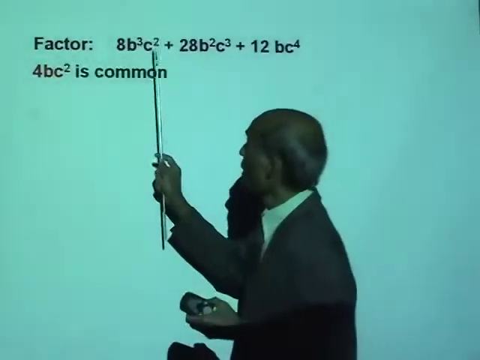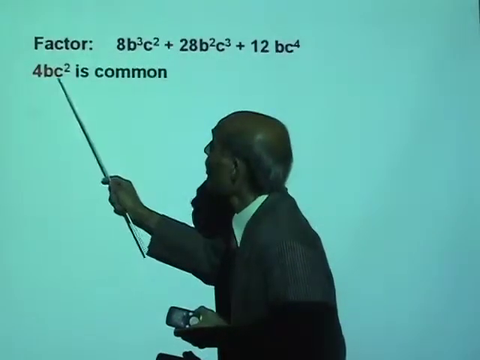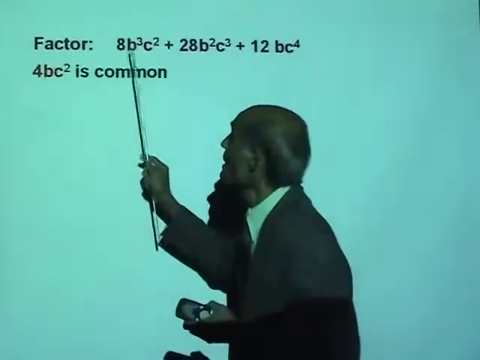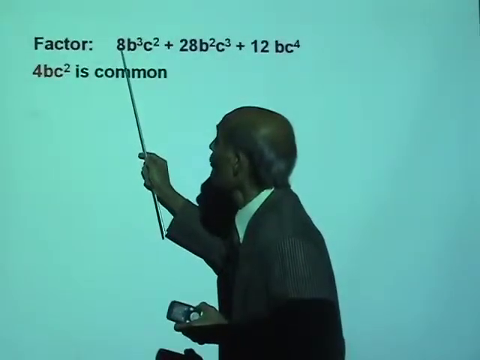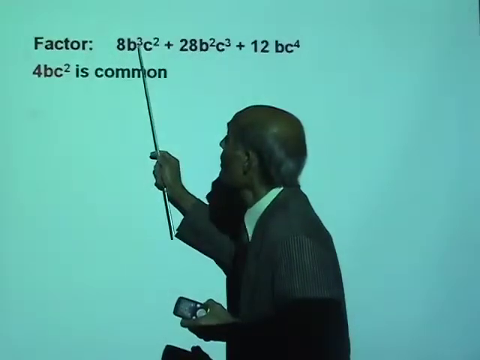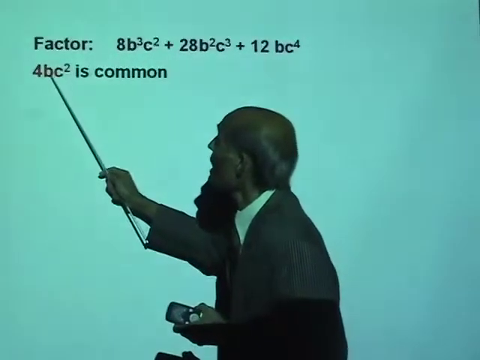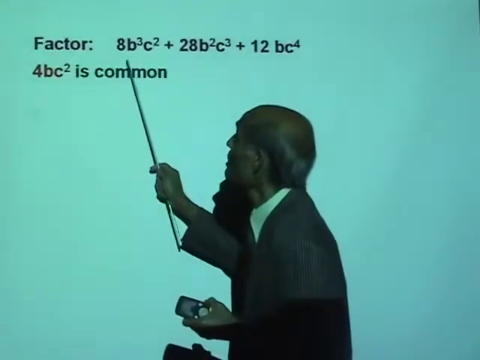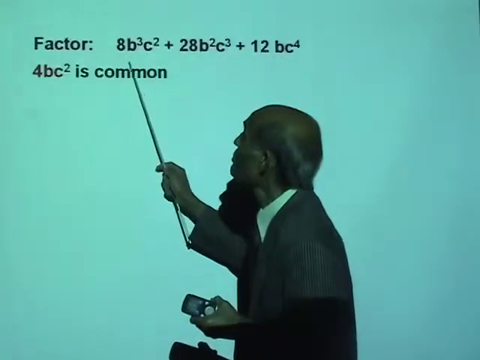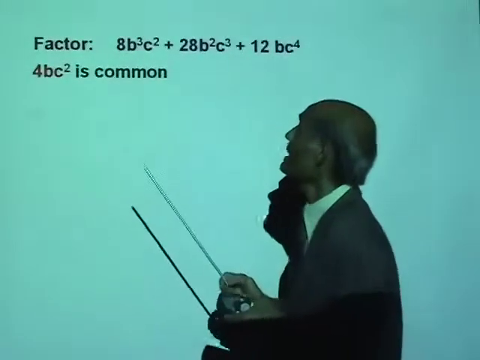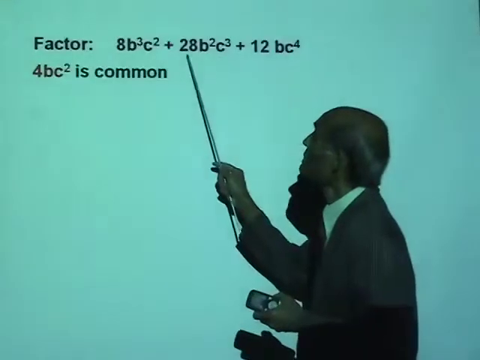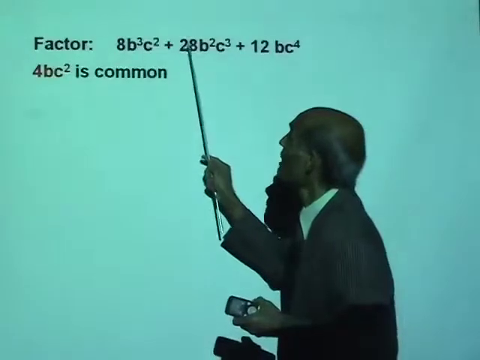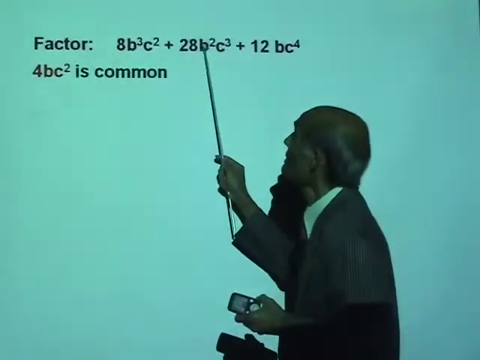Alright? If you remove 4bc squared from the first term, what is left there? Factoring out 4 from the 8 will leave a 2. b cubed, factoring out b will leave a b squared. c squared is factored out, so that will be 2b squared in the first term. Alright, can you think about what will be left in the second term? After 4 is factored out, you have a 7.